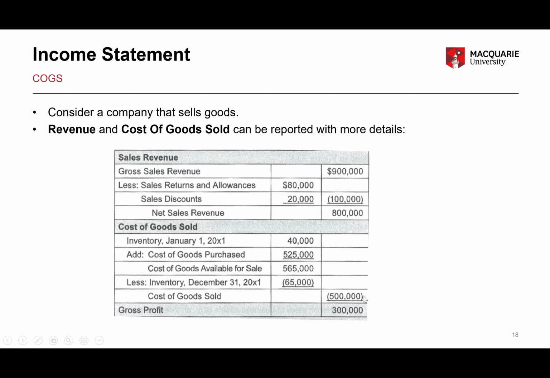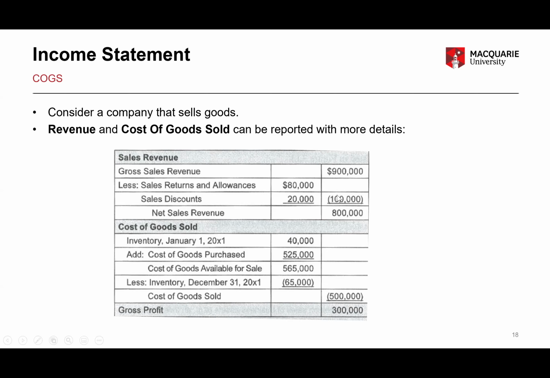So in this case, 500,000, we subtract that from our revenue, and that gives us what we call our gross profit. So this is really important for management decision making here, because what this is showing is what is the profit that has been made from our primary activity, which is buying and selling goods.